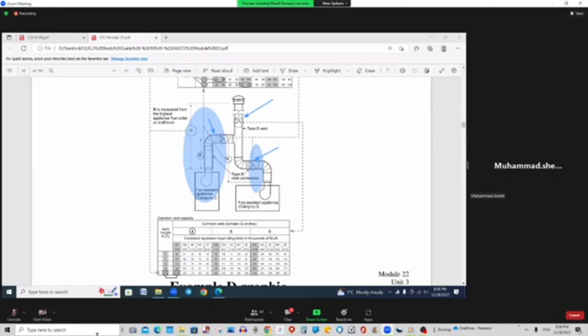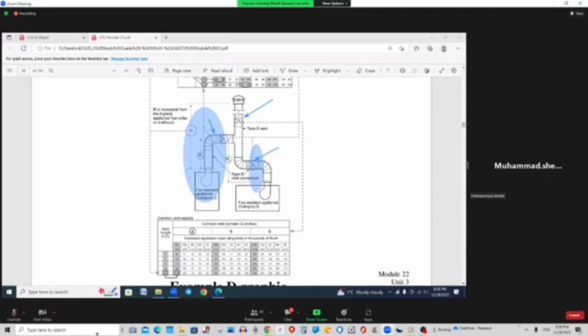And we have the capacity of these two appliances. We should find D1 and D2, exactly the same as table C1 and C2. And we should find the common vent right now. This is the important one, the common vent.